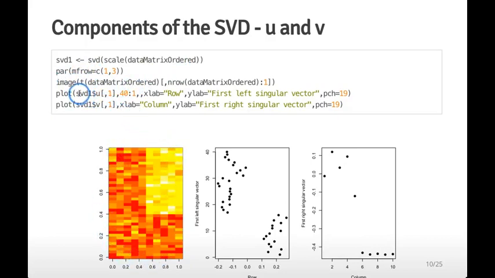Then I plot the first left singular vector, which is the first column of the U component of the list that results when you apply svd to a matrix in R. Then I also plot the first column of the V matrix, or the right singular vectors, that also is a part of the list that gets created when you apply svd to a matrix in R.